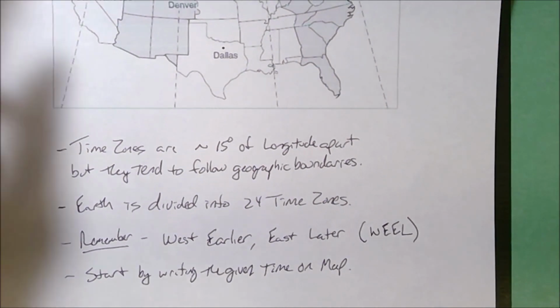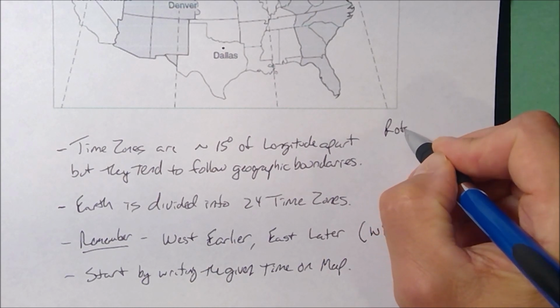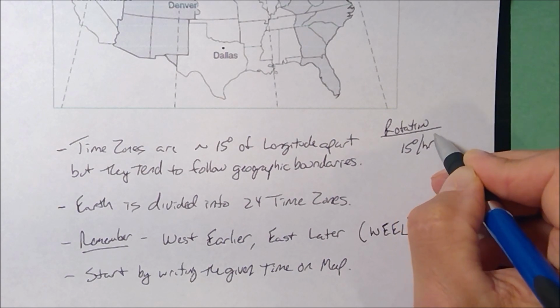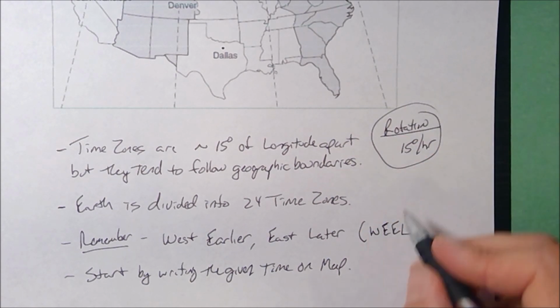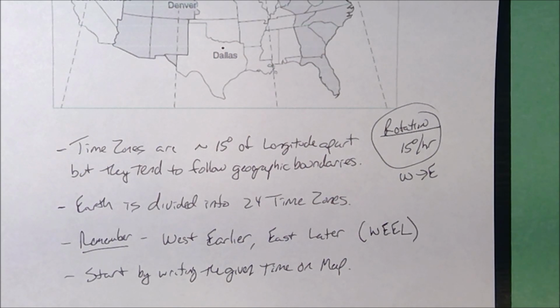It's basically caused by Earth's rotation. The rotation rate of the Earth is 15 degrees per hour. So because the Earth rotates from west to east at 15 degrees per hour, every 15 degrees of longitude is a 1-hour time difference.